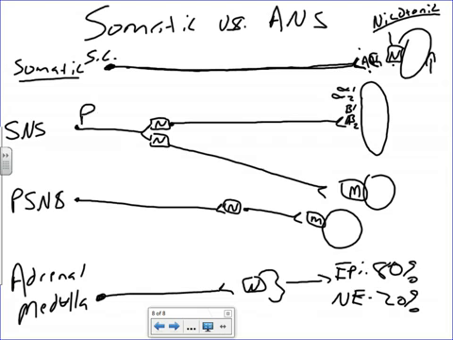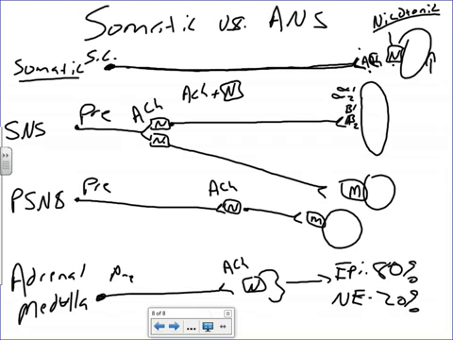These would be the preganglionic nerves, and the neurotransmitter that's going to interact with nicotinic receptors is going to be acetylcholine. So what's the pattern you're noticing here? Acetylcholine plus a nicotinic receptor equals activation.